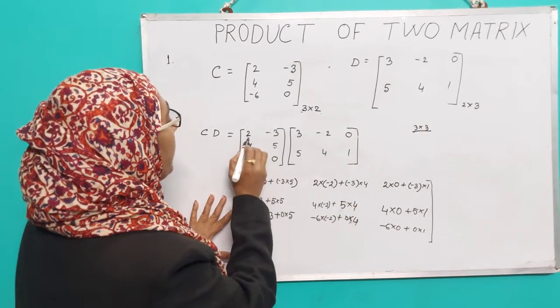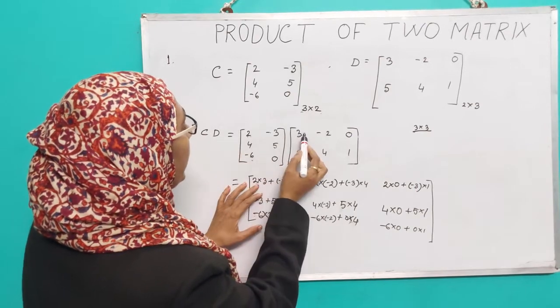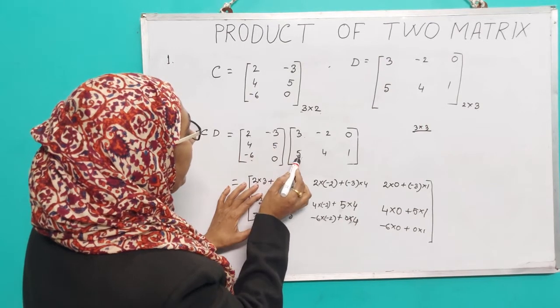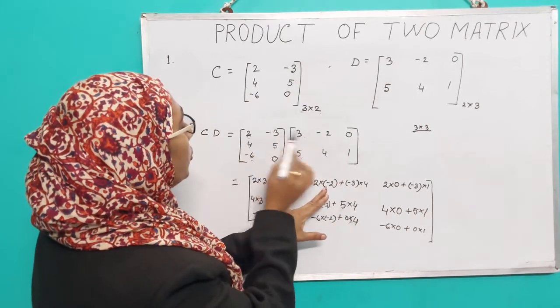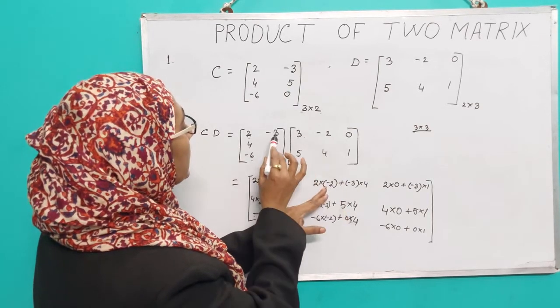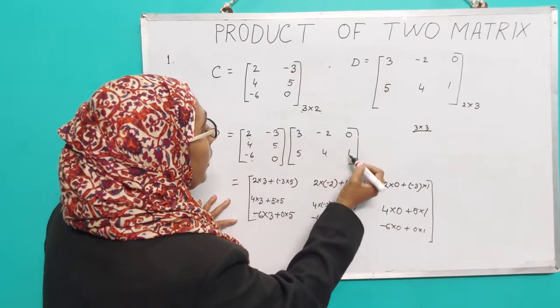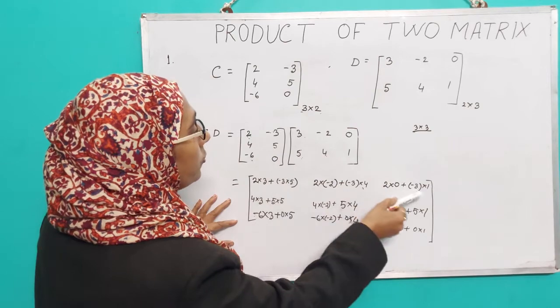We repeat again. First row with first column: 2 into 3 plus minus 3 into 5. Next, first row with second column: 2 into minus 2 plus minus 3 into 4. Then first row with third column: 2 into 0 plus minus 3 into 1.